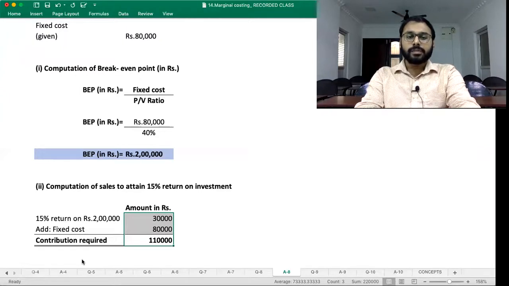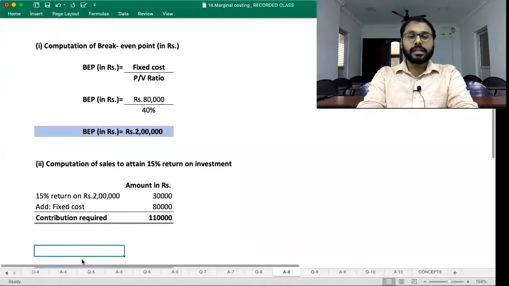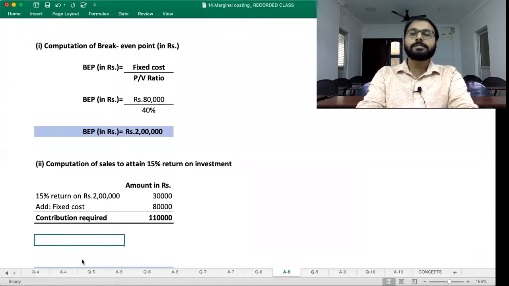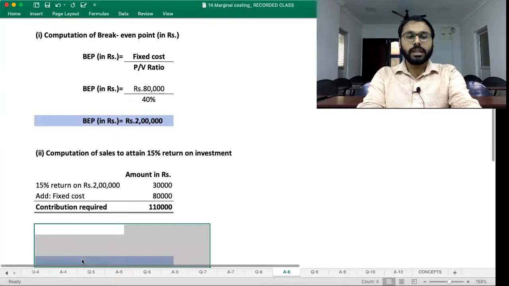This is one thing you should be very careful about. This is the computation. Adding up these two things, I get the contribution required. The next thing I'm going to do is simply divide this contribution by the PV ratio. I have told you the logic behind this.